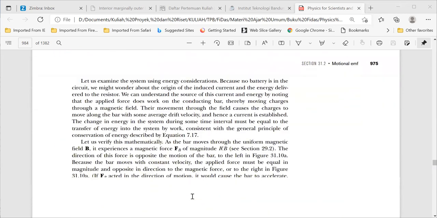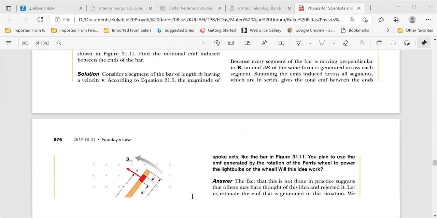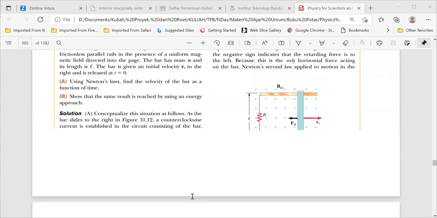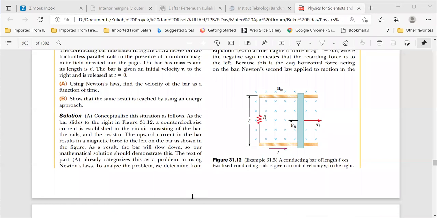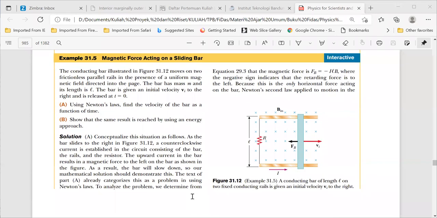So let us discuss an example. This is what we have discussed about this sliding bar. Figure 31.12 below describes a moving bar on frictionless parallel rails in the presence of a uniform magnetic field directed into the page.